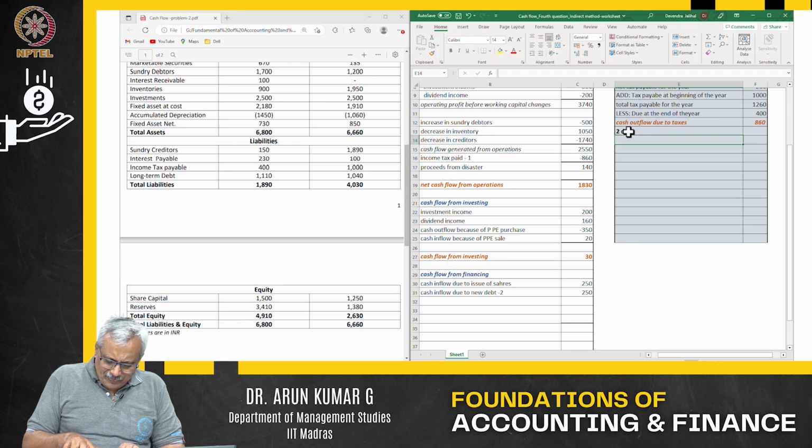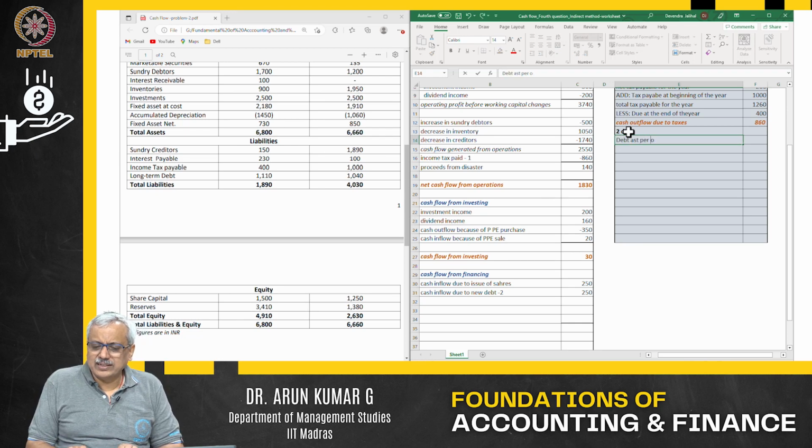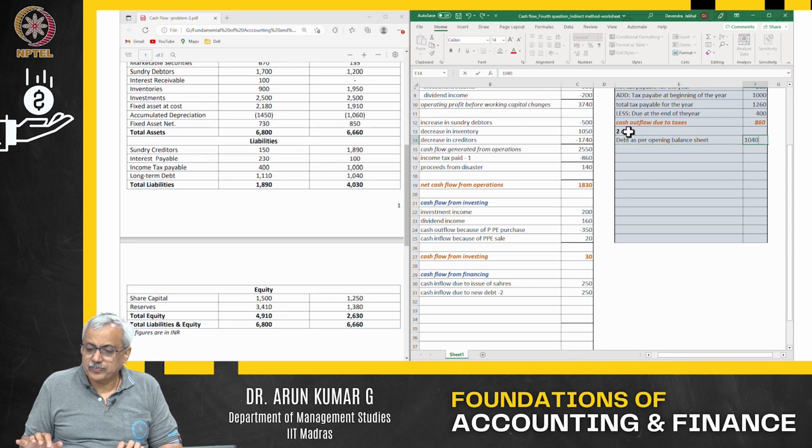What is the debt as per the opening balance sheet? It is 1040. What is the new debt raised? 250. So, what should have been the ideal debt?